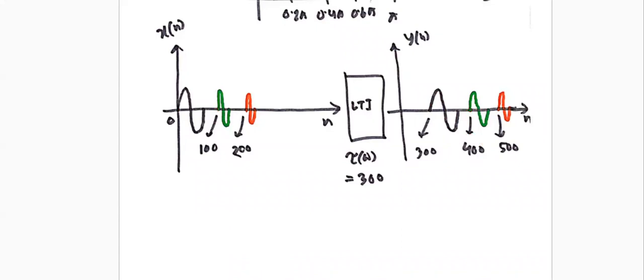And in the last case, for the last signal, what is the starting point? It starts at 200 samples. So 200 plus 300, so it will start at 500.